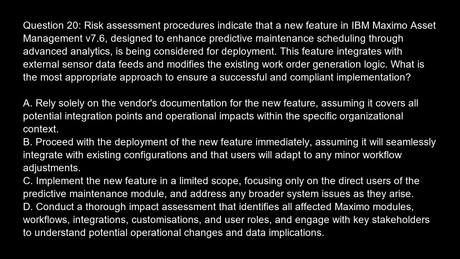Option C. Implement the new feature in a limited scope, focusing only on the direct users of the predictive maintenance module and address any broader system issues as they arise. Option D. Conduct a thorough impact assessment that identifies all affected Maximo modules, workflows, integrations, customizations, and user roles, and engage with key stakeholders to understand potential operational changes and data implications.